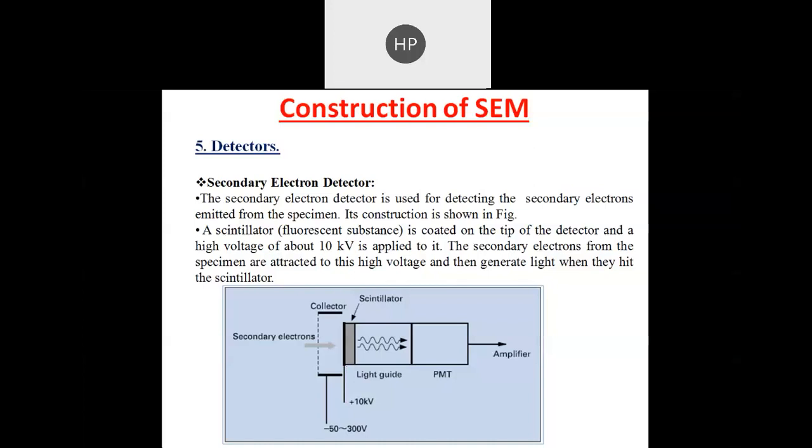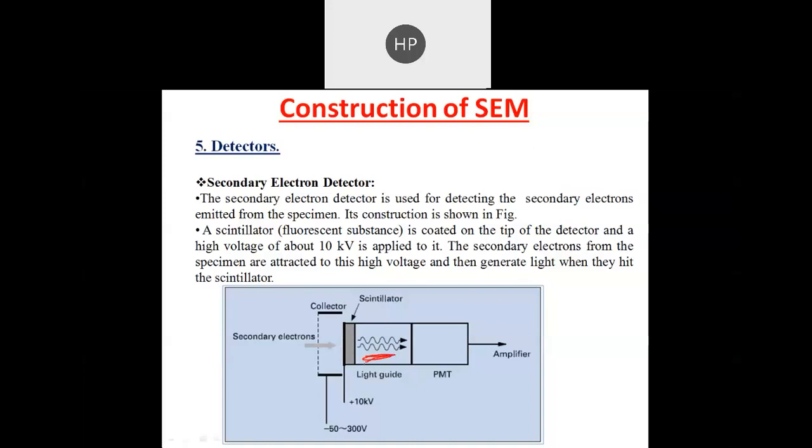The secondary electrons from the specimen are attracted to this high voltage and then generate light when they hit the scintillator. Okay, so when the secondary electrons strike the scintillator, it will generate some light.